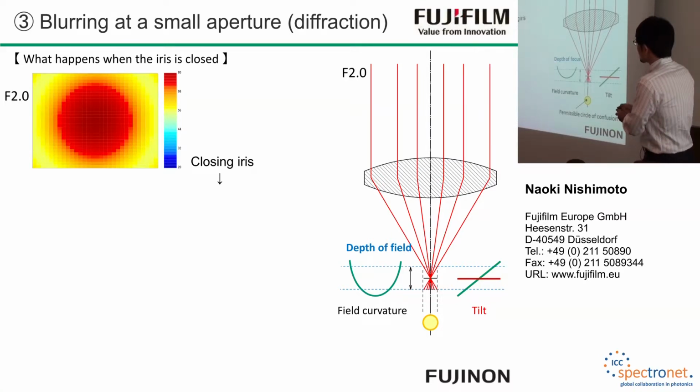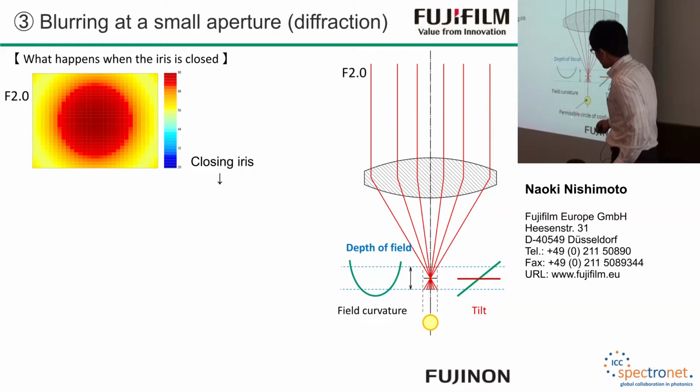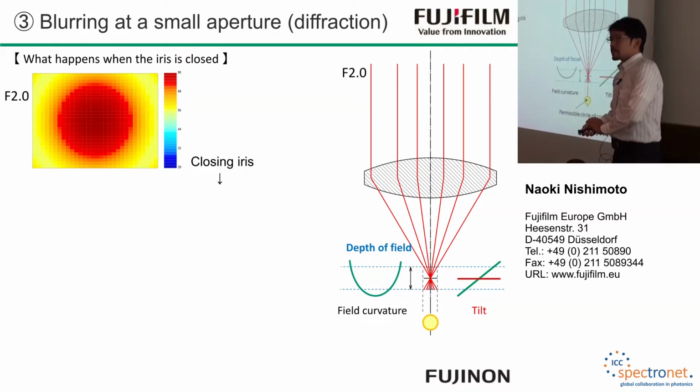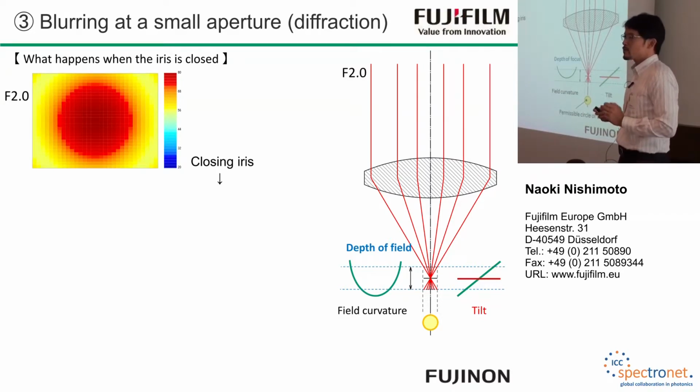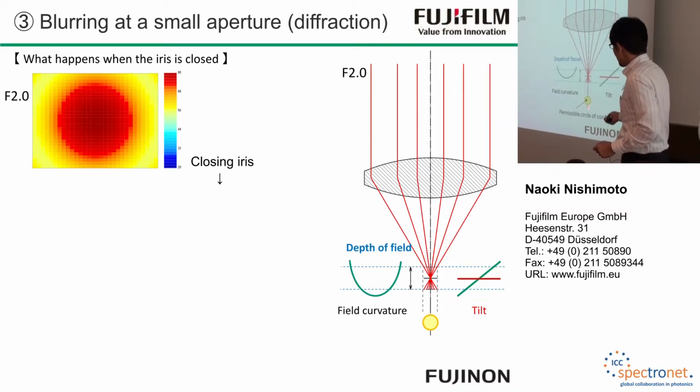Maybe permissible circle of confusion is a new term for you. It is like sensor pixel pitch. Sometimes we take it as 1 pixel, and sometimes 2 or 3 pixels. It depends on the object size, how small or big it is. Then this circle diameter will be changed.